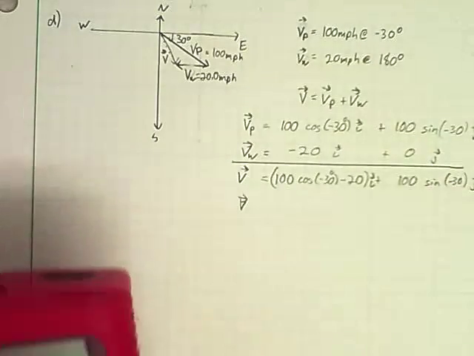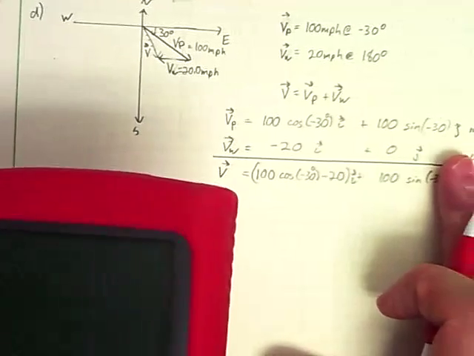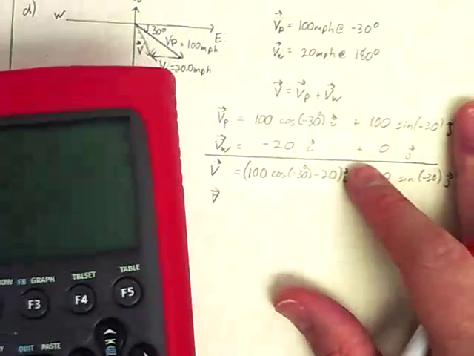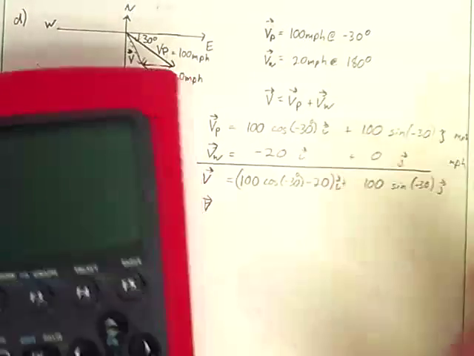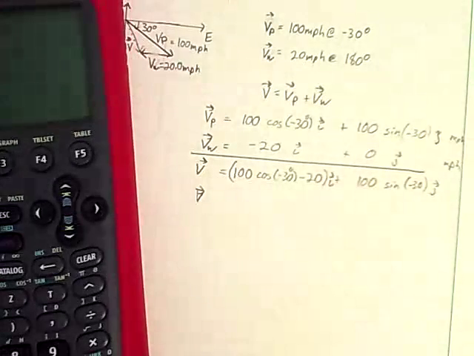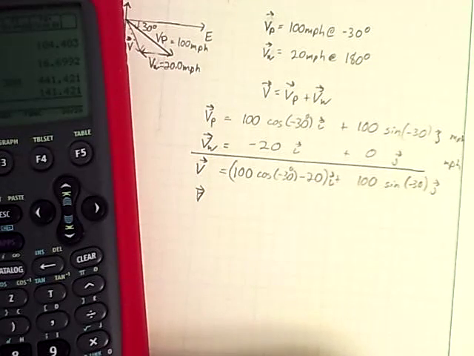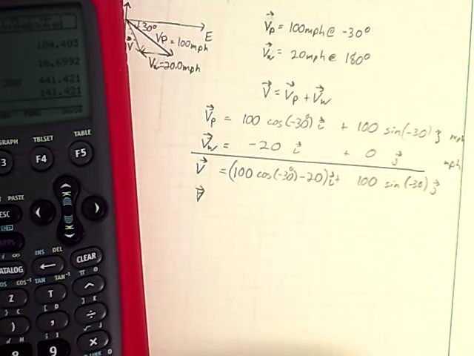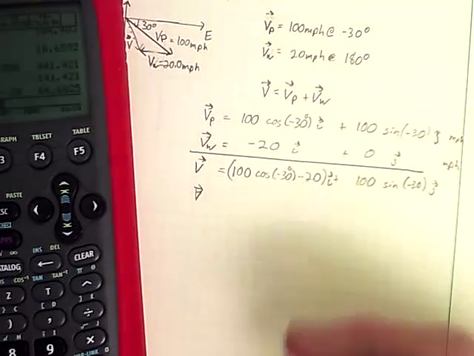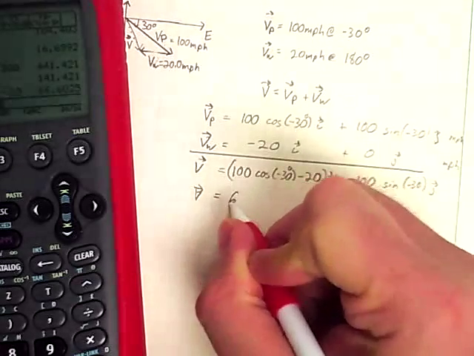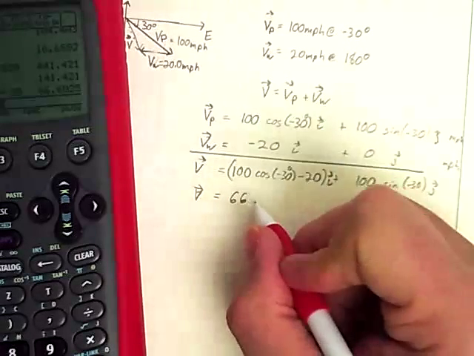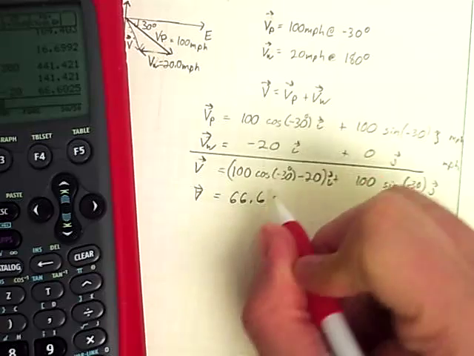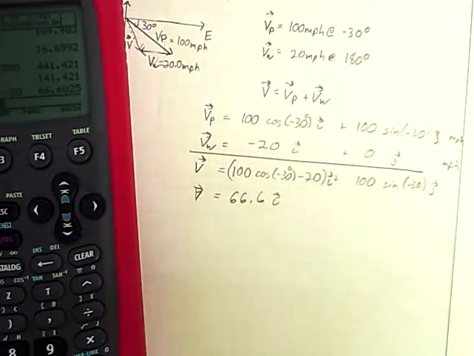So again, we get to a calculator. 100 cosine negative 30 minus 20 from that. So it's going 66.6 in the I direction.